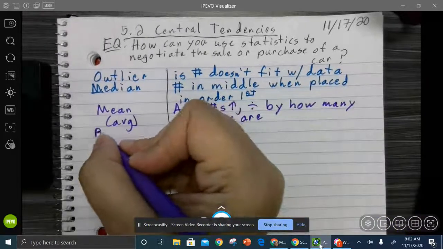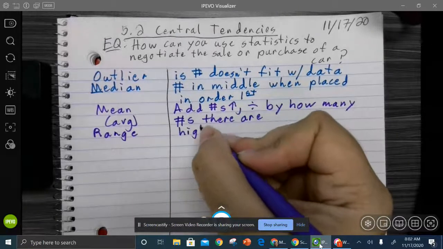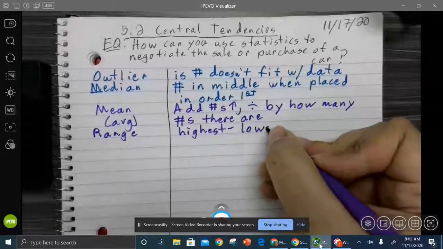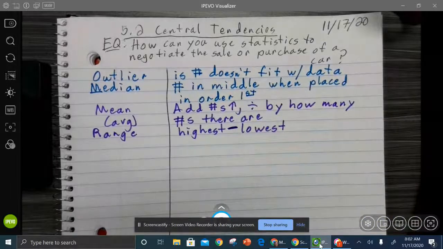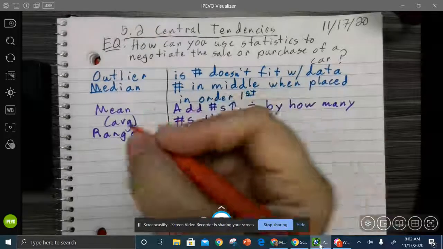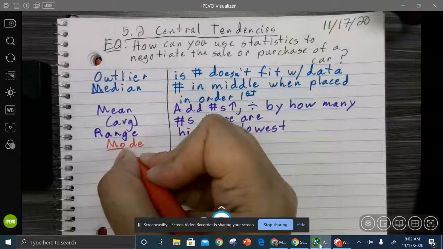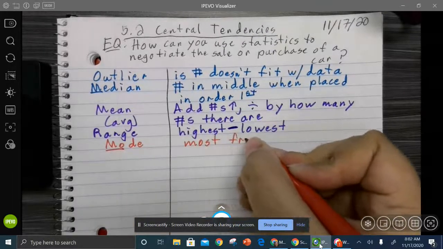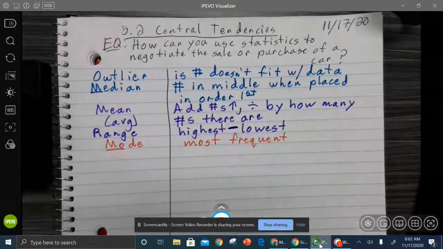Range is the highest number minus the lowest number. And then mode is the most frequent. Look at that, MO, like for most. Most frequent.